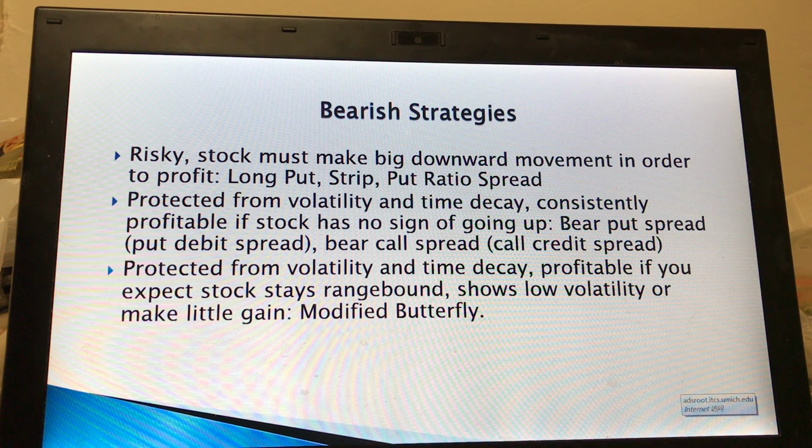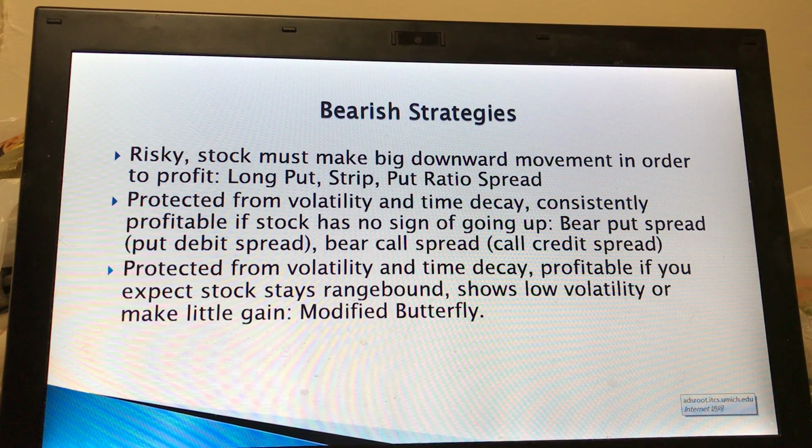The second category includes strategies that are protected from volatility and time decay, and consistently profitable if the stock has no sign of going up, which include the bearish put spread, which is a put debit spread, and the bearish call spread, which is a call credit spread.